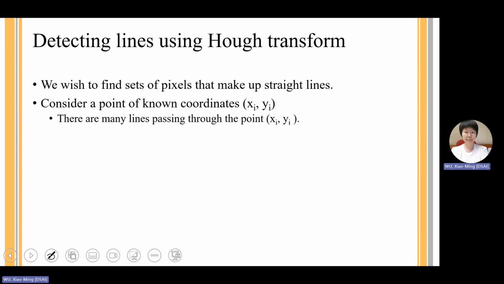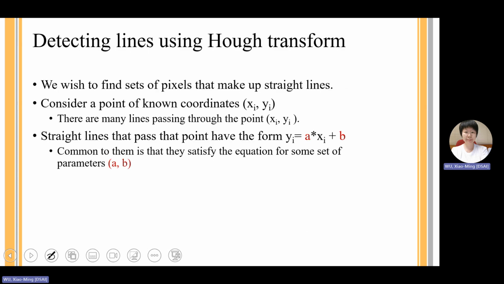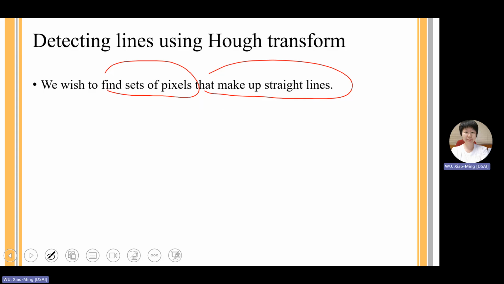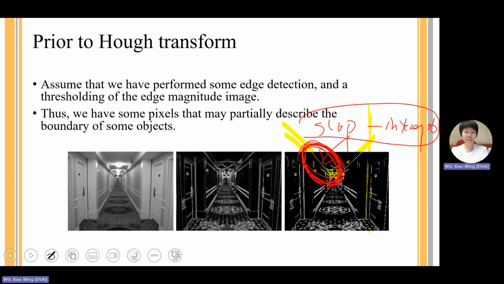So in Hough transform, we want to find the set of pixels that make up a straight line. This set of pixels makes up one straight line. And if we can identify them, we can also identify the equation of the line, including the slope and the intercept.